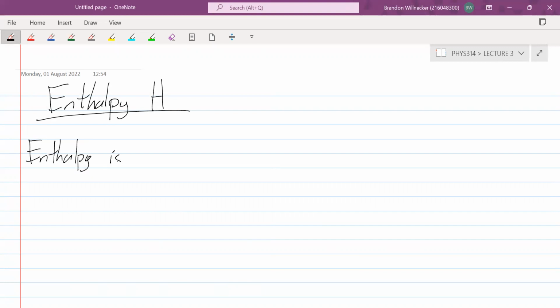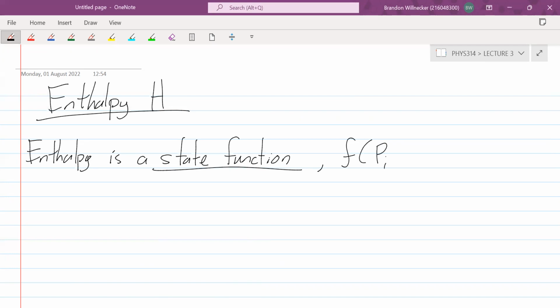Enthalpy is a state function. Okay, so that's just a function of the state. For example, f of PV. Okay, that's a state function.